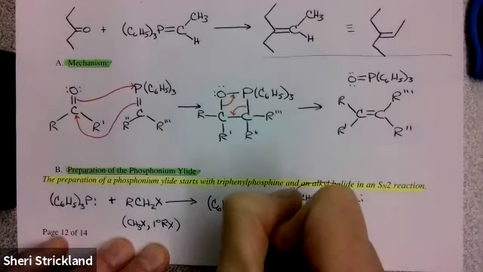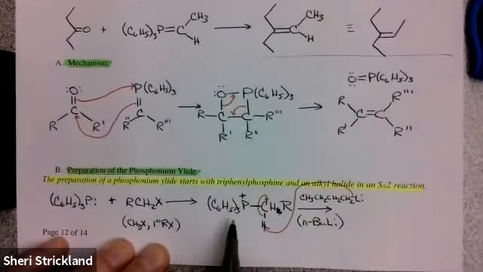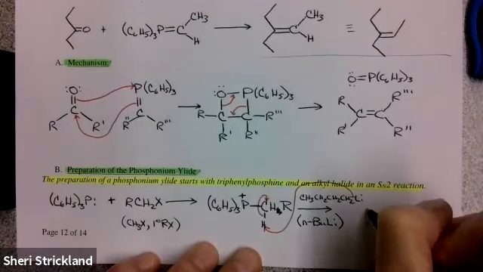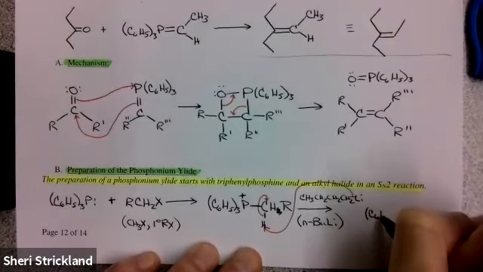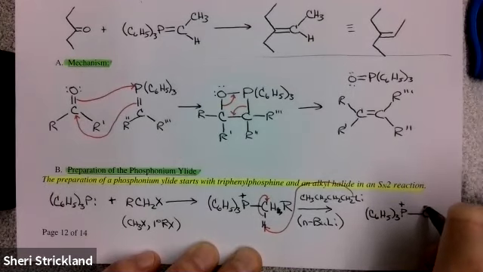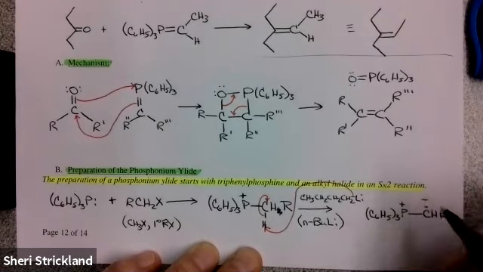Now, oh, I forgot, this phosphorus already has a positive charge because it has 4 bonds. So let's see what happened. Got a positive charge there, and then this guy is now an anion.